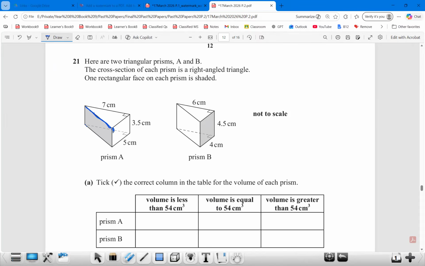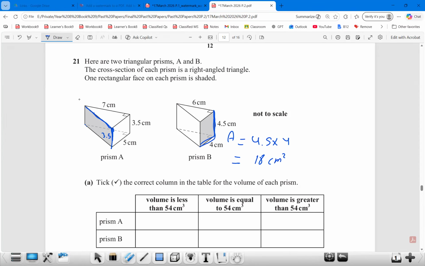But do you know this? Yes, we do. It is 3.5. So 3.5 times this. Same idea exactly over here, but here I know the length and the width. It's 4.5 times 4. So the area here equals 4.5 times 4, which is going to give you exactly 18 centimeters squared. This is the area of the shaded face here.